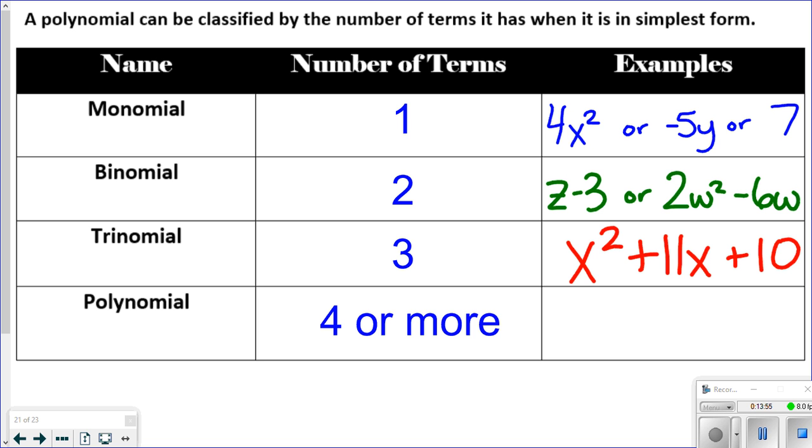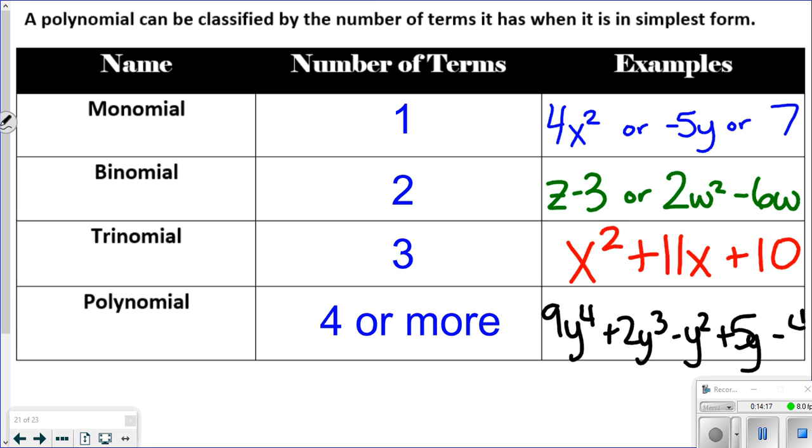Polynomial is anything 4 or more. 4, 5, 7, 11, etc. So let's do 9y to the 4th power plus 2y cubed minus y squared plus 5y minus 4. So that has 5 terms.